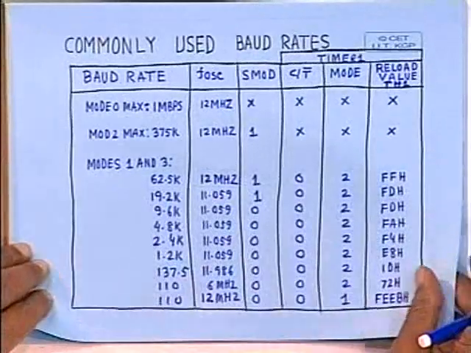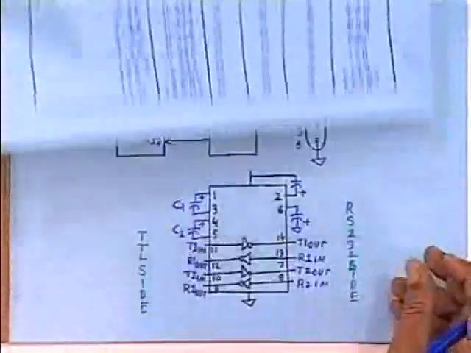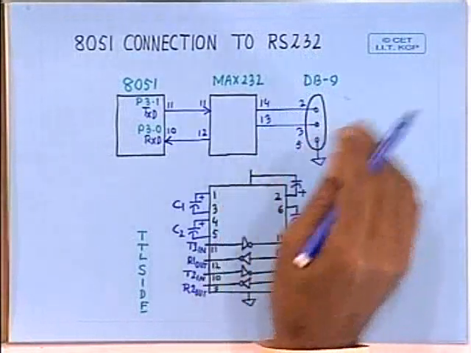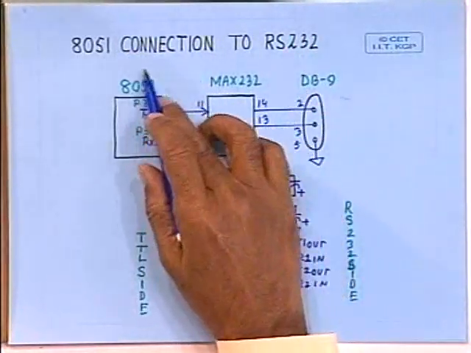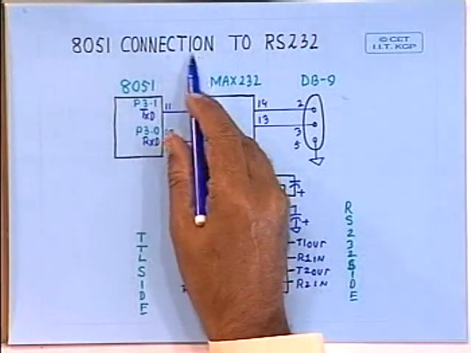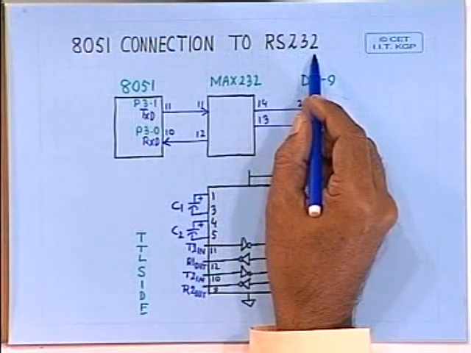And obviously you will be using it for data communication using some standard interface, that is your RS-232C, as I have already explained earlier. So here you see how the 8051 connection can be achieved to interface with RS-232C.